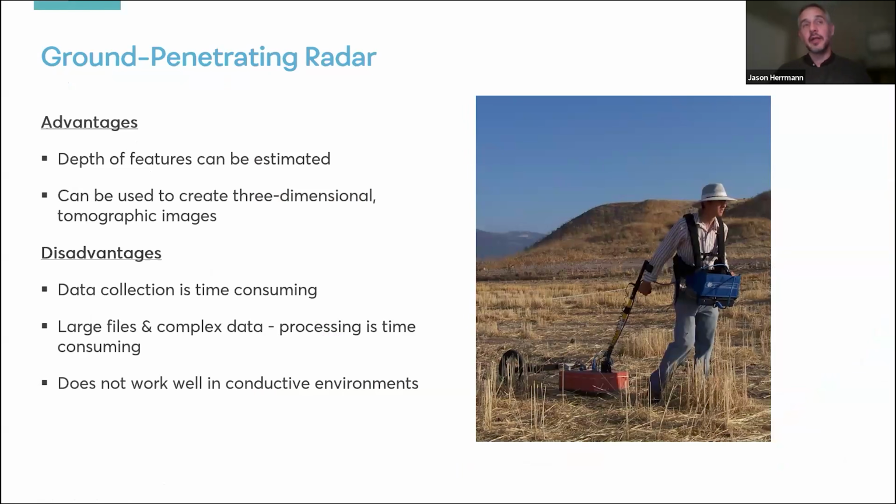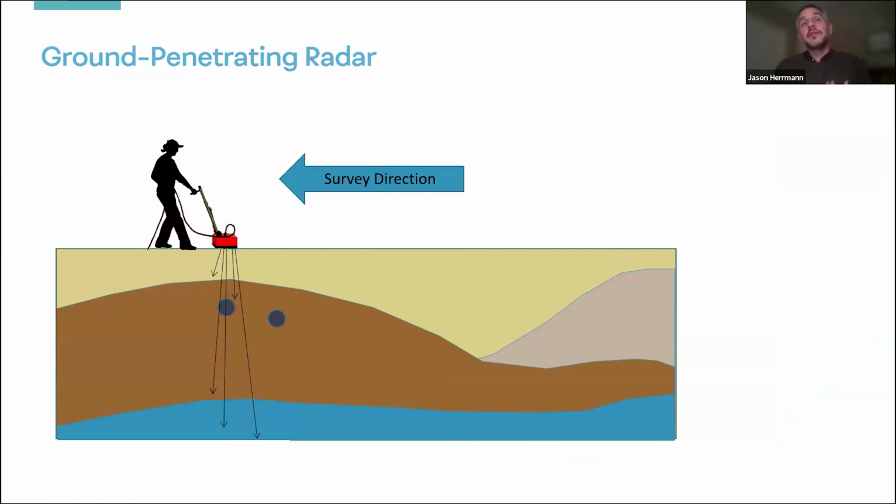We applied some other technologies as well, which I won't talk about too much here. Ground penetrating radar, the celebrity geophysical technique. It has the advantage of being able to estimate depth, but the data collection and the data processing are very complex and time consuming. What it does is it sends radio waves down.